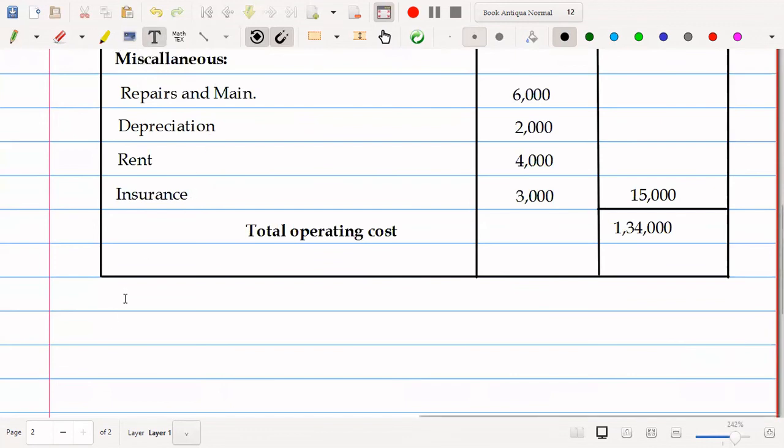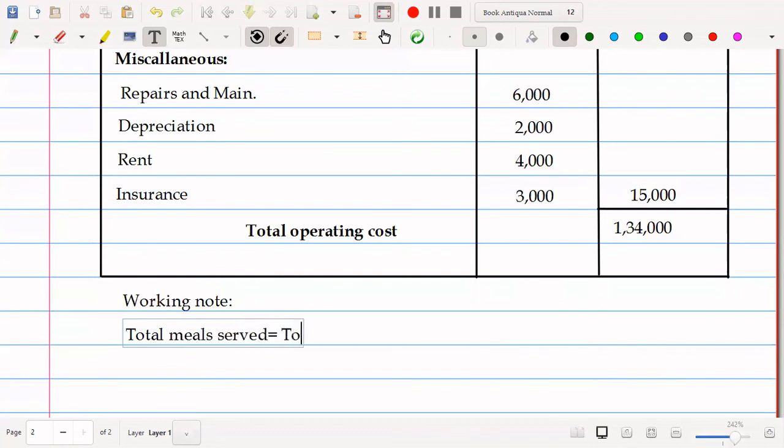Before that, we have one working note, as I said, that is total meals served. Total meals served or prepared is equal to total number of staff into number of days.